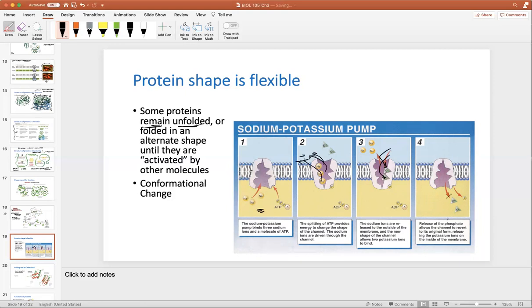So when proteins are activated by other molecules and it changes their shape, we call that a conformational change. We are just changing the conformation of the protein to alter its function or take it from an inactive state to a functional state. And we're going to talk a lot more about conformational change later, okay?